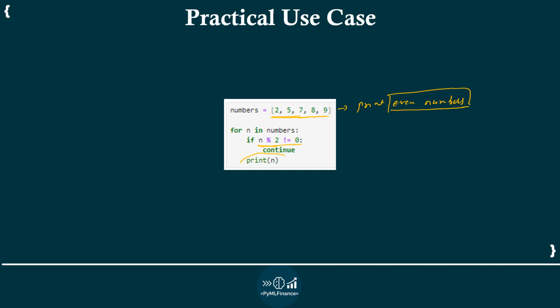We are simply skipping the execution of this particular code. Whenever Python encounters an odd number, it will continue to the normal iterations, skipping the current one. So instead of writing complicated conditions, we simply skip odd numbers.